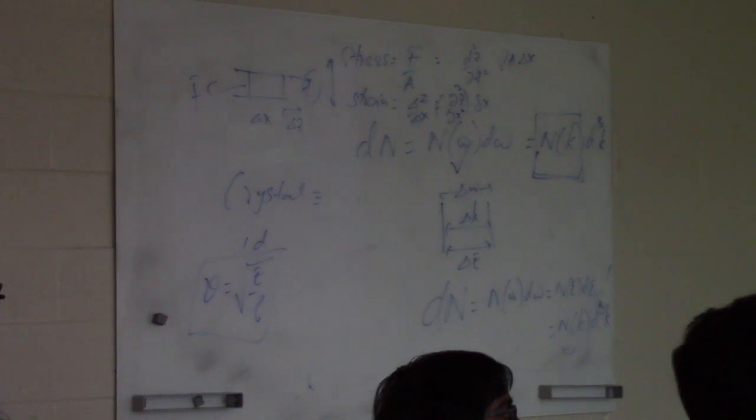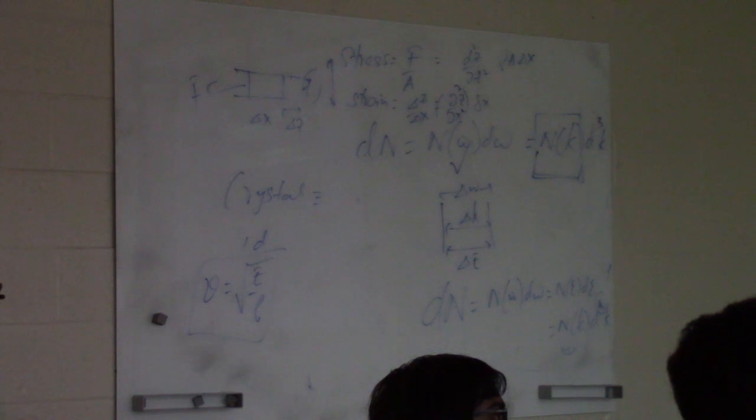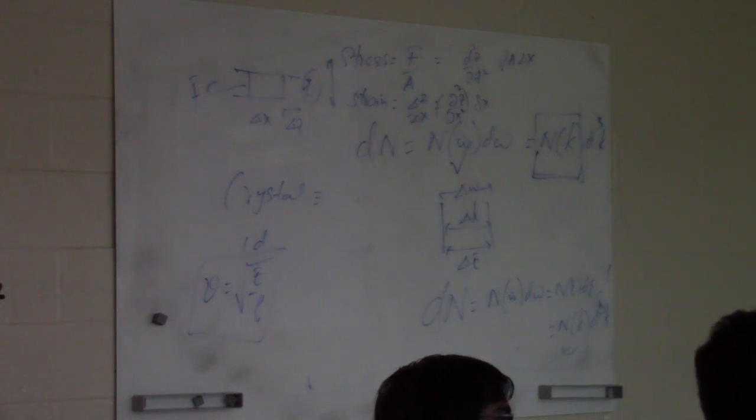So now, how do you calculate this nk? To do this, we need to create some space. We call this k space. It can be kx, ky, kz. We have to find solutions for waves in this k space to represent each mode.